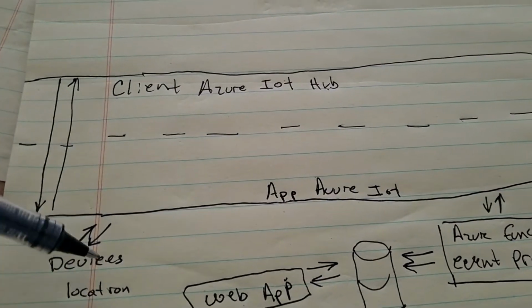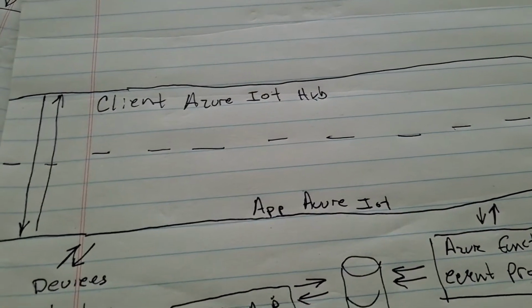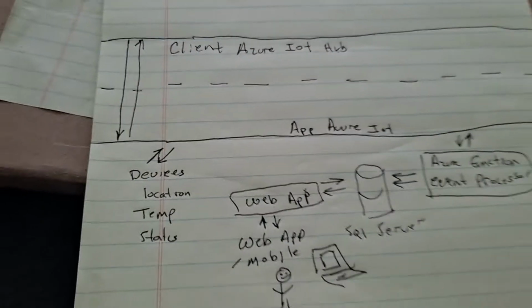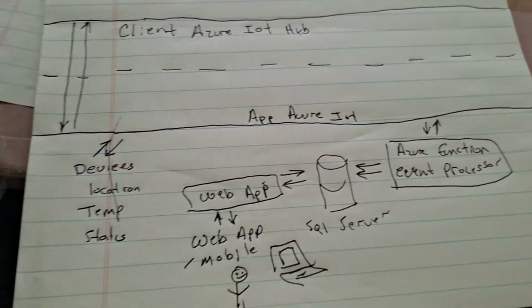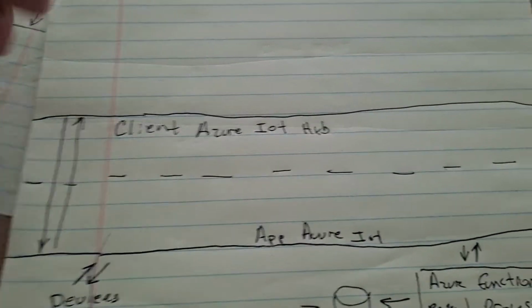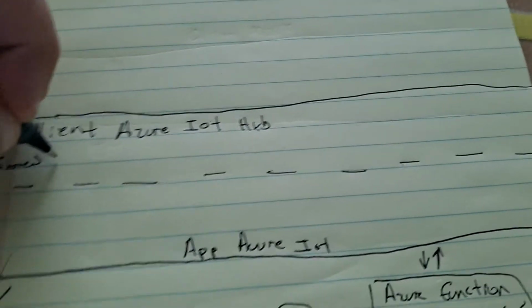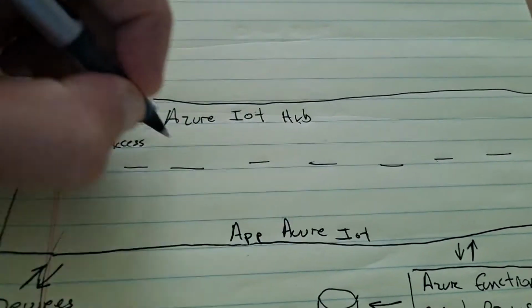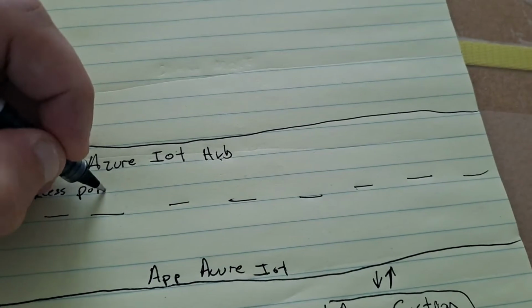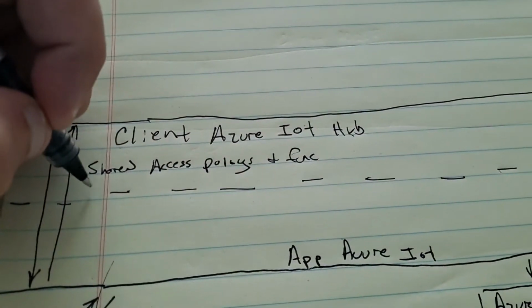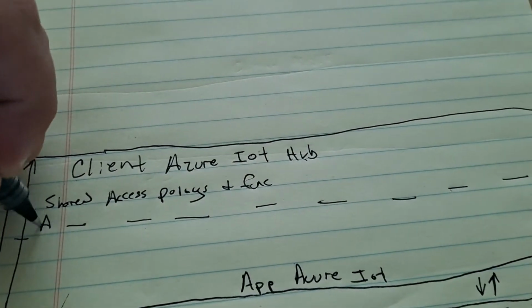They own their event messages, and we just plug into this based on maybe shared access policies, and an Azure Func, or I'm looking into Azure Event Grid.